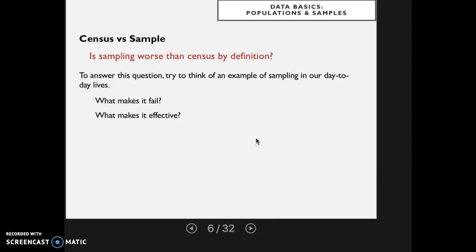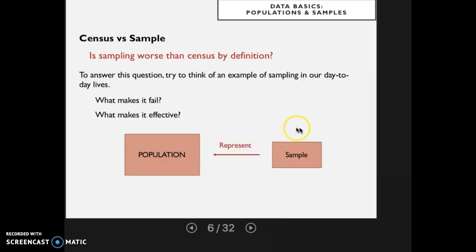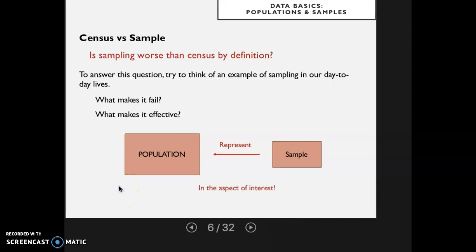And in the case of research, the set of people that you're examining is representative of the entire population of which they are part. The key thing to remember here is that a good sample represents well the population of interest, at least in the aspects that you're interested in, right?